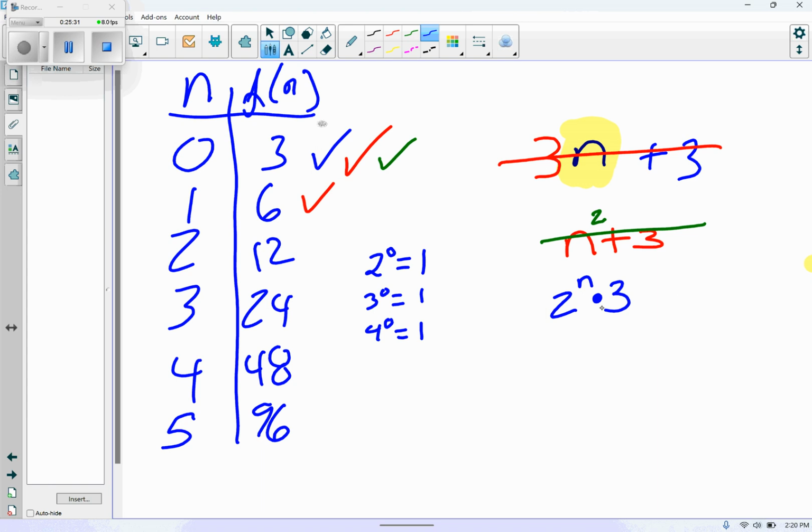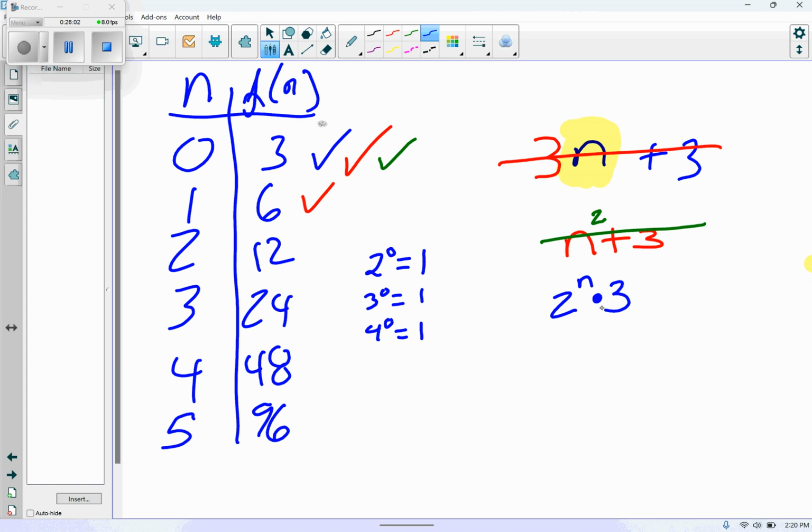Okay, we're 1 for 1. Ready? 2 to the first is 2. 2 times 3 is 6. We've got another one. 2 to the second is 4. 4 times 3 is 12. Yes, 12. Holy cow, we got one more to work.